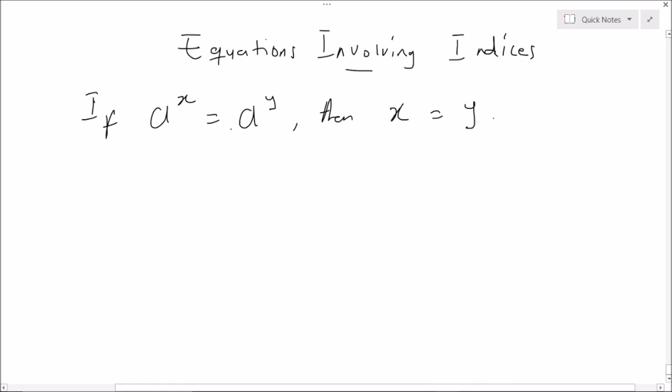That is, if the bases for the left hand side and the right hand side are the same, then it implies that their exponents are also the same. So using this concept, we solve some examples.